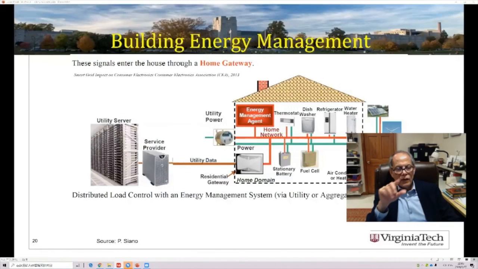Okay, then you have the red box on the upper side, energy management agent. The agent is a computer program watching everything, the dishwasher, refrigerator, water heater, fuel cell, battery, and makes a decision which should run for how long to make sure the building owner pays the minimum cost for electricity. Next page.